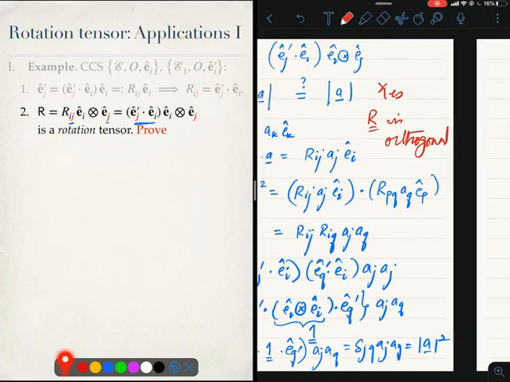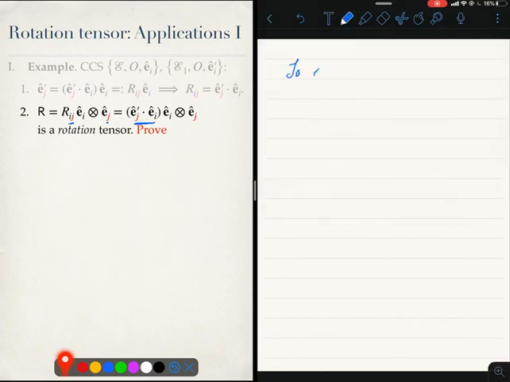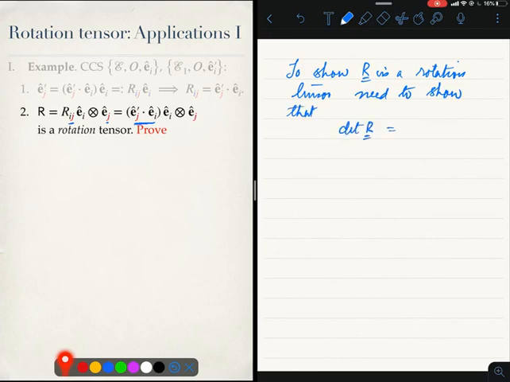That I have already shown R is orthogonal, but to show that R is a rotation tensor, I need to show that the determinant of R is +1, and that I will leave you to show.